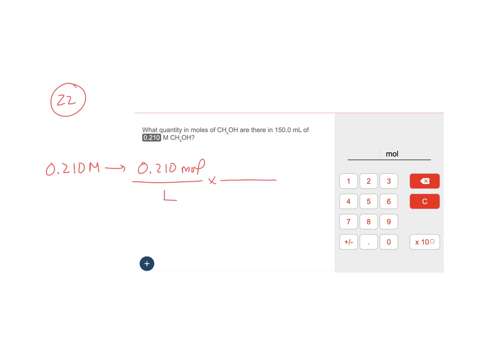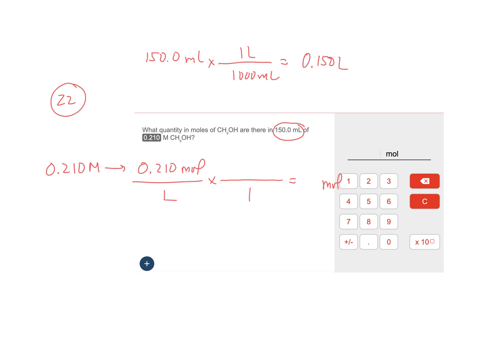And so all we really want to do is multiply and find out how many moles. So I want to cancel out liters. How do I do that? By using my volume. So I've got 150 milliliters. I know for every 1,000 milliliters, I've got 1 liter. So I've got 0.150 liters.